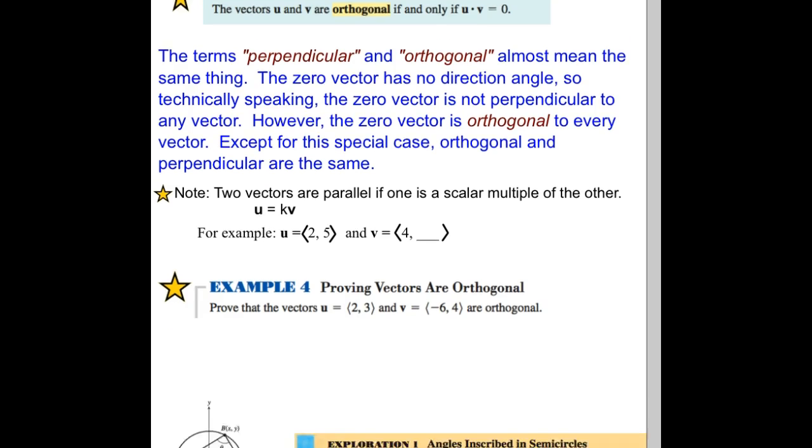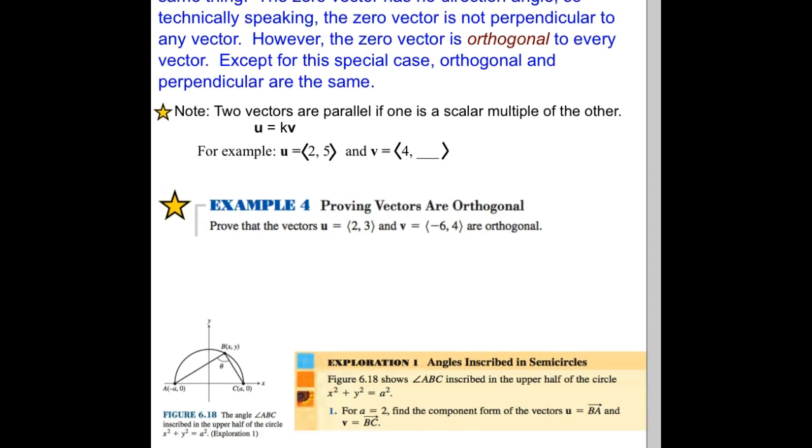Now I did add a little note in here about parallel vectors, because some of your questions for homework ask: are these two vectors parallel, perpendicular, or neither? When we write a vector, remember we said we could pick that up and move it anywhere in the coordinate plane, right? And if we pick it up and move it, it has the same length, it has the same slope. Looks the same. So I can make a whole bunch of vectors that are parallel just by picking that one up and moving it.